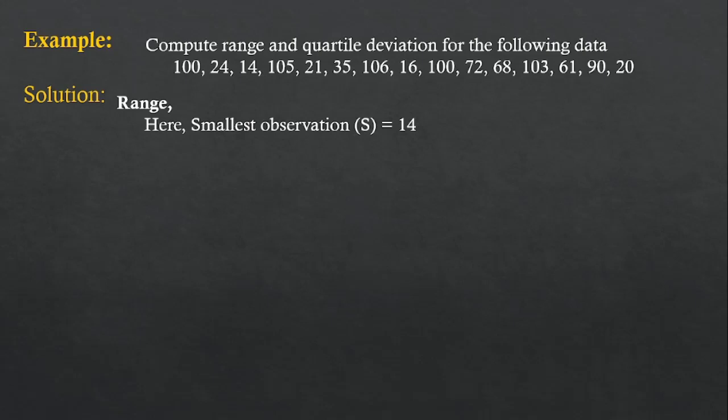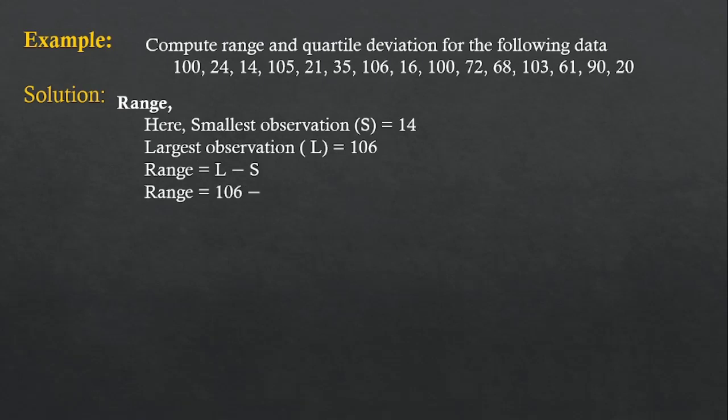The smallest observation is 14 in our data. The largest observation is 106. So range is largest observation minus smallest observation. Just substitute the values: 106 minus 14 is 92. This is our range.